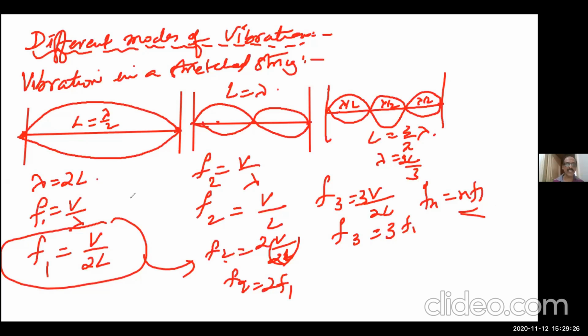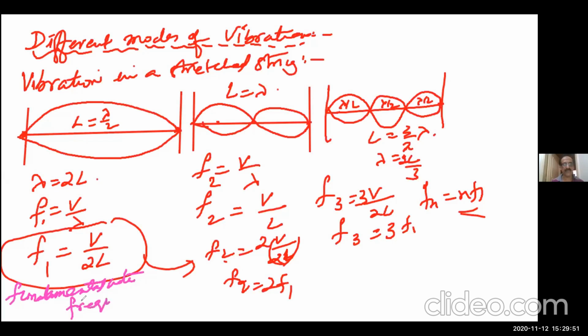First one is known as fundamental note. Musicians say note; in physics, we call it first harmonic. It's written as fundamental frequency here in the notes.